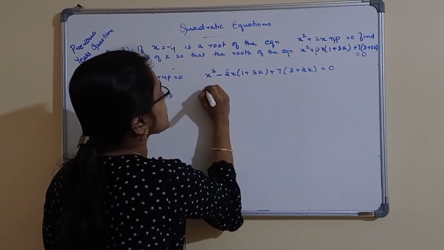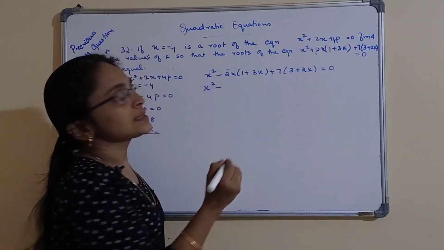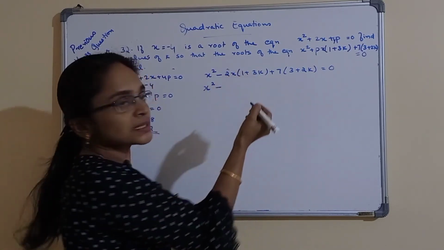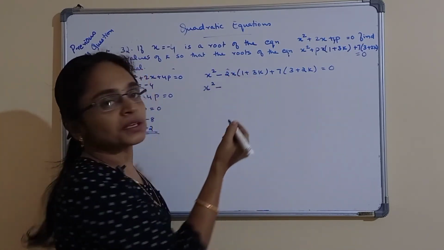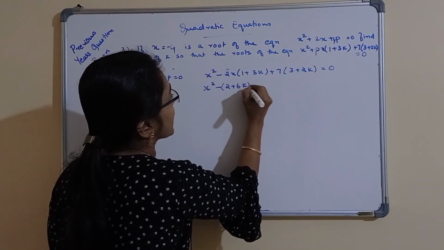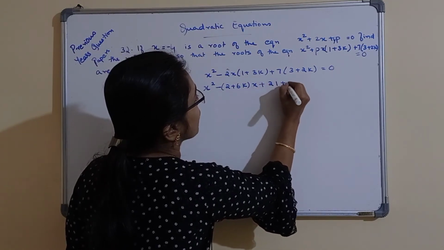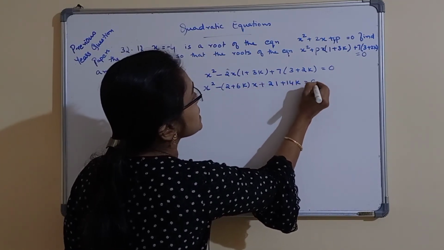So, we can write this as x square minus 2 into 1 plus 3k, we can multiply and write. So, 2 plus 6k into x plus 21 plus 14k is equal to 0.